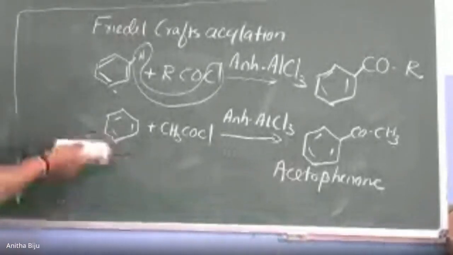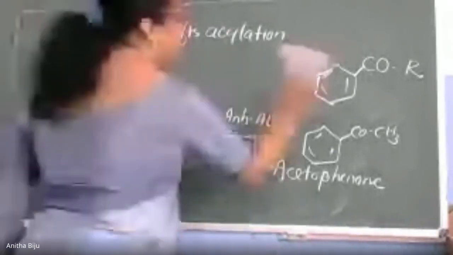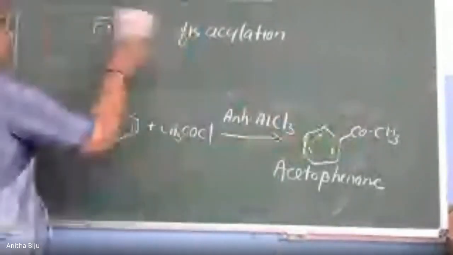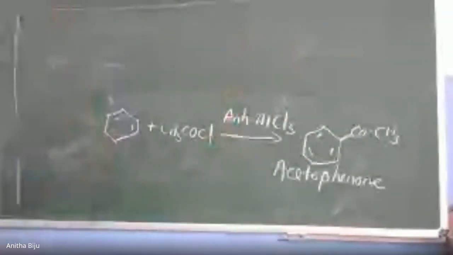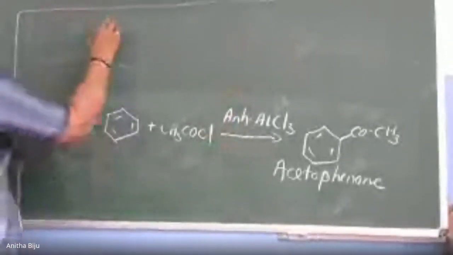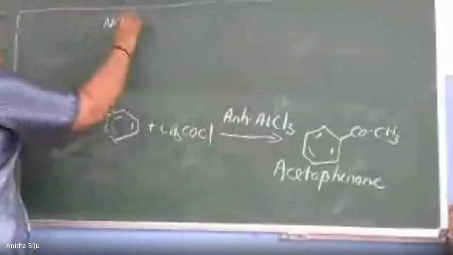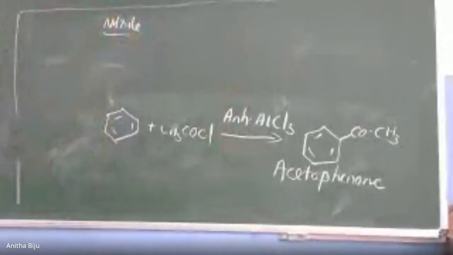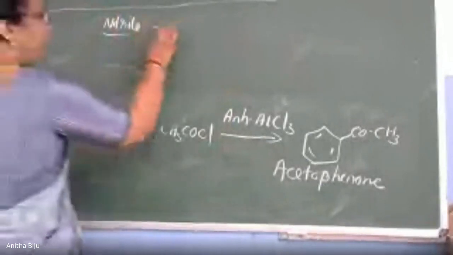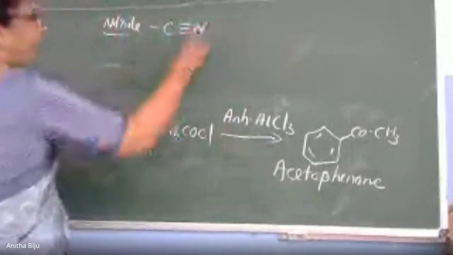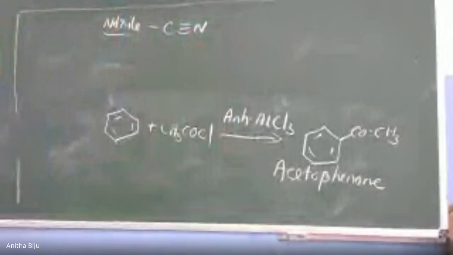I think that you have completed this part. Nitrile means what? Compound with the CN functional group. So I will show you the mechanism. So you first try to understand, then you can copy later.